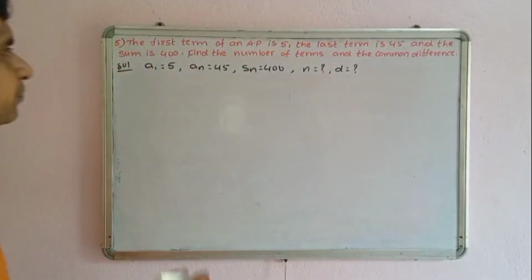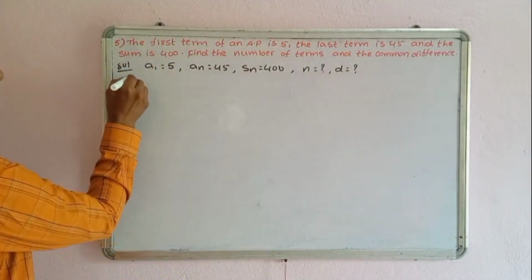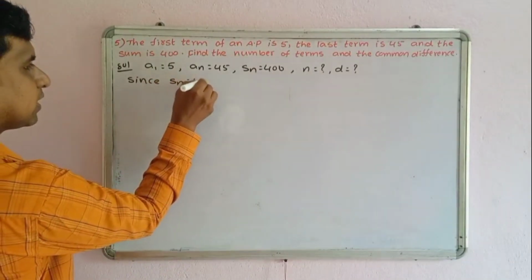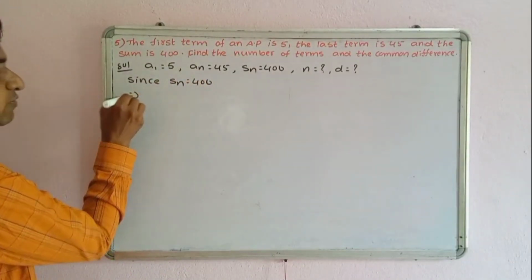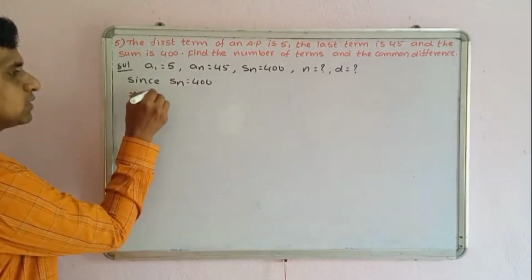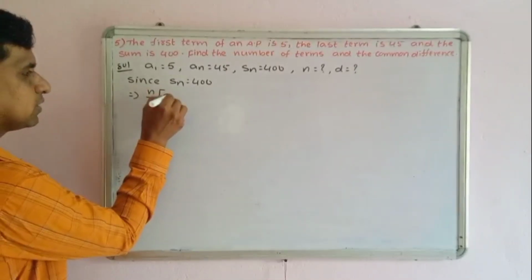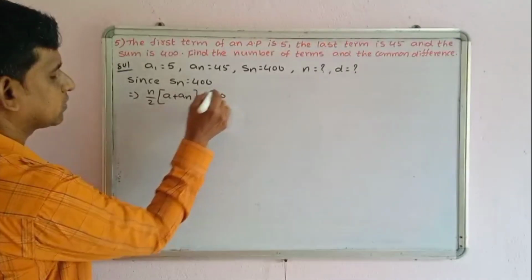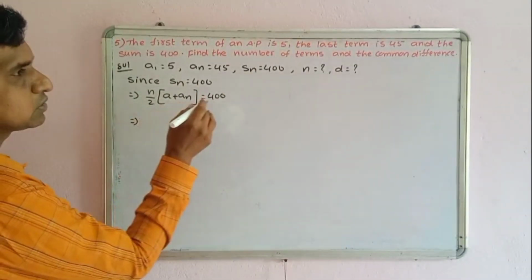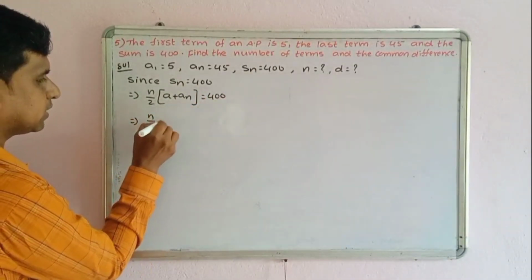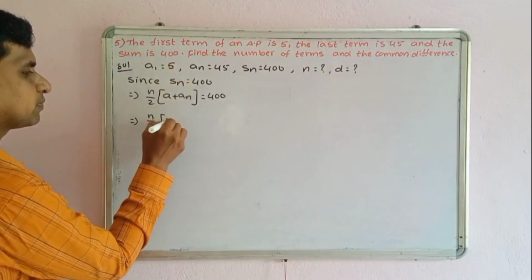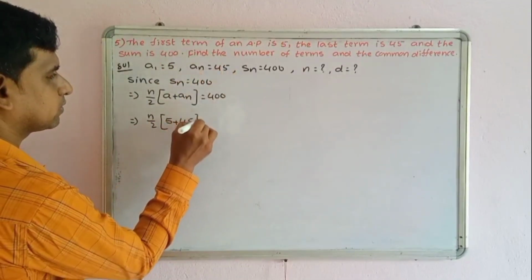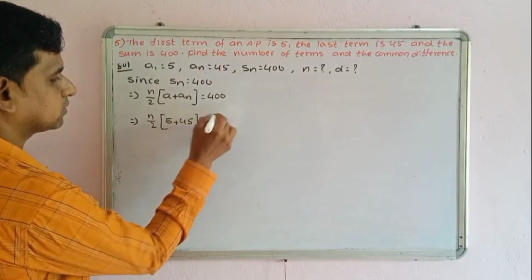Okay. See, since Sn equals 400. What is the formula? Sn formula is n by 2 into (a plus an) equals 400. We don't know the value of n. By 2 into a value is 5 plus an value 45 equals 400.